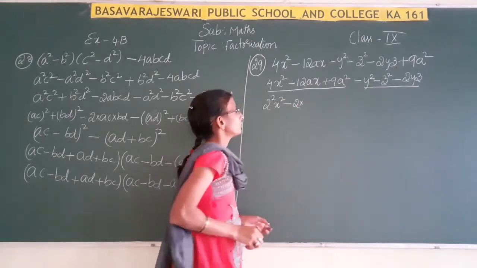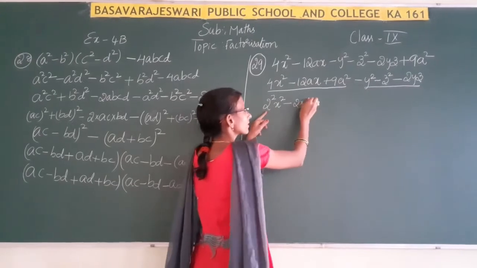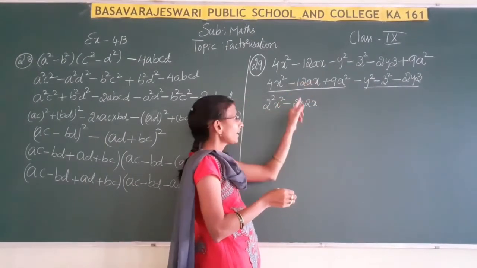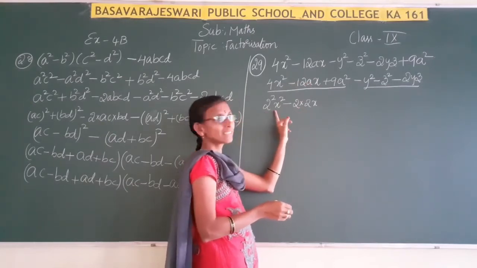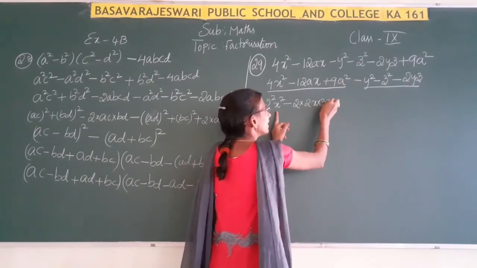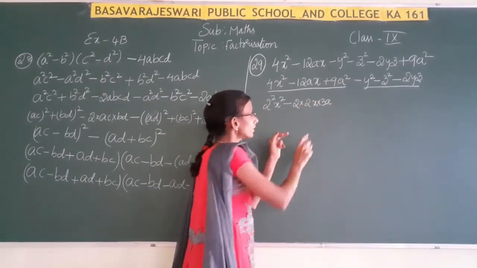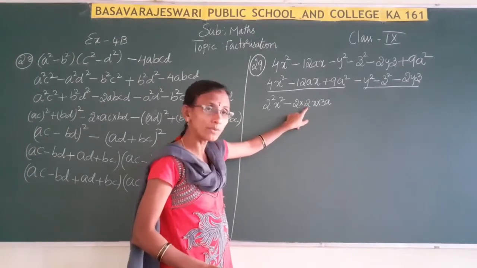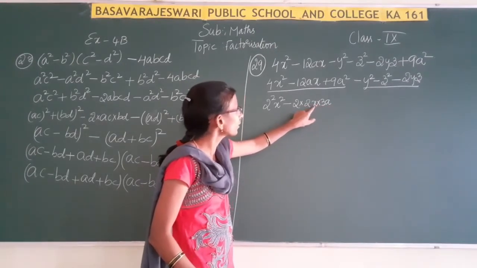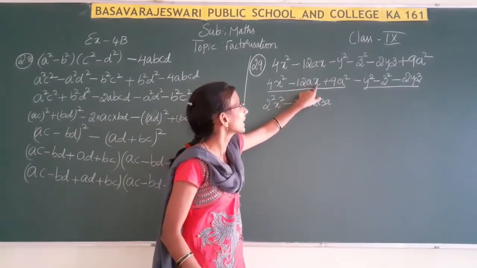As 2 into 2x into 3a. Now multiply these whole terms: 2 twos are 4, 4 threes are 12, 12 into a into x, 12ax. Again we got the same term.